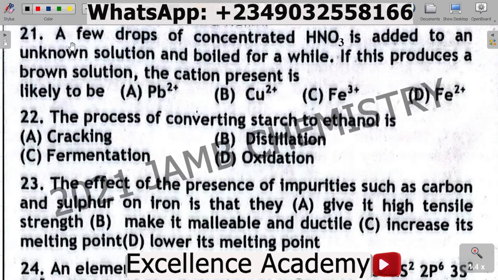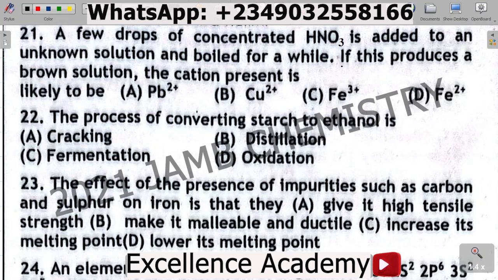Question 21 says, a few drops of concentrated hydrogen trioxonitrate(V) acid, HNO3, is added to an unknown solution and boiled for a while. If this process produces a brown solution, the cation present is likely to be: A. Lead 2 ion, B. Copper 2 ion, C. Iron 3 ion, D. Iron 2 ion.